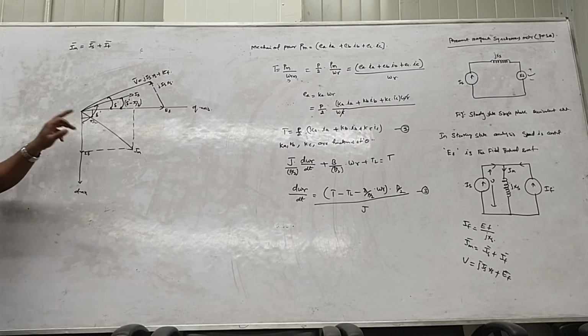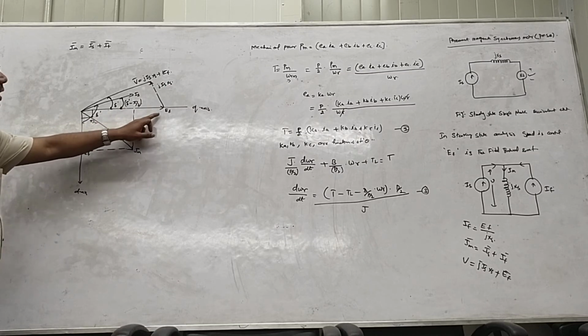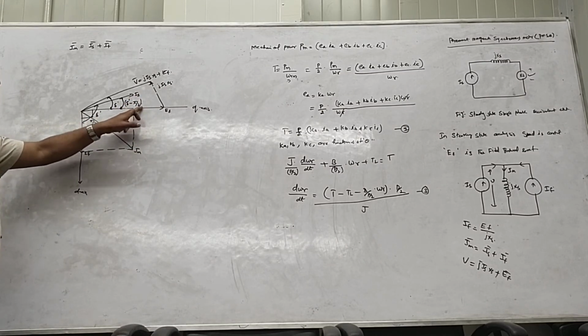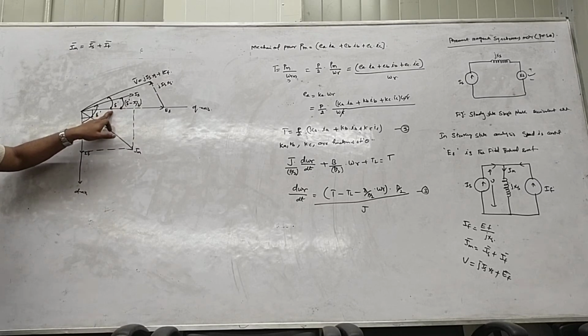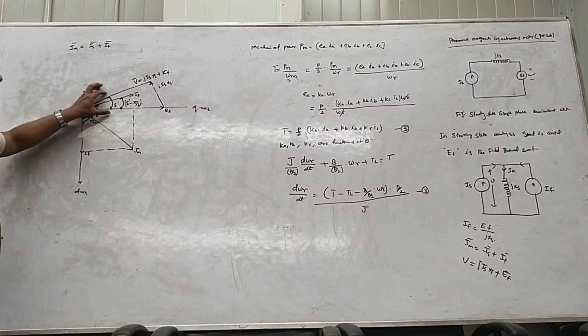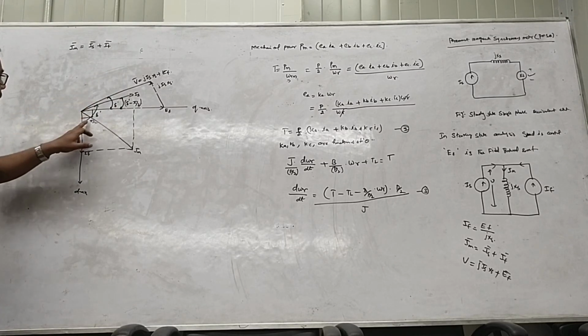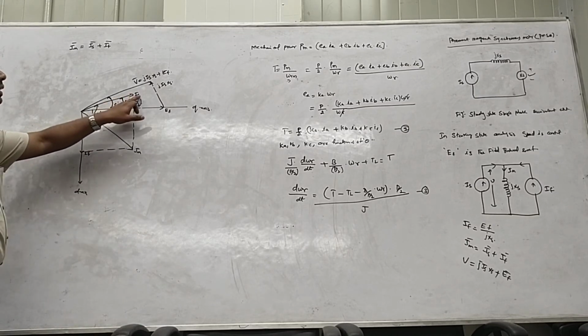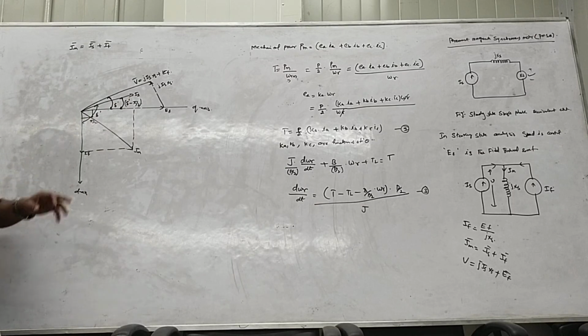So try to understand here. The angle between the field induced EMF EF and IS is delta prime minus pi by 2. The angle between EF and the voltage V is called delta. The angle between the field current IF and stator current IS is called delta prime.